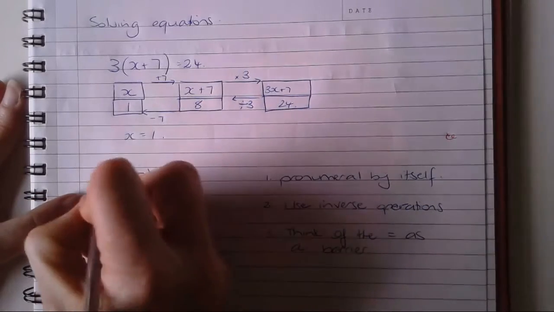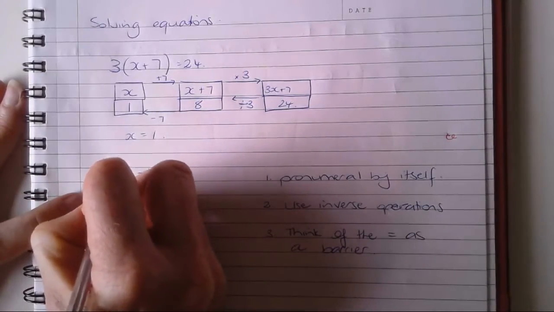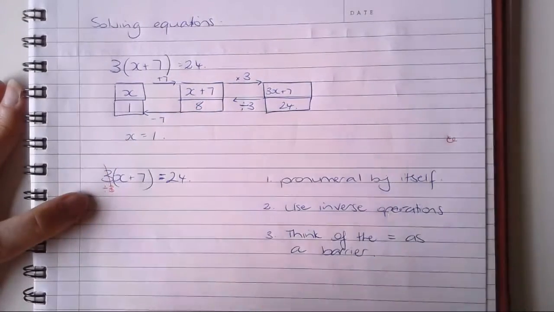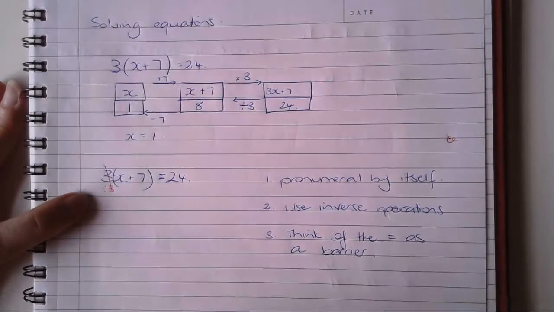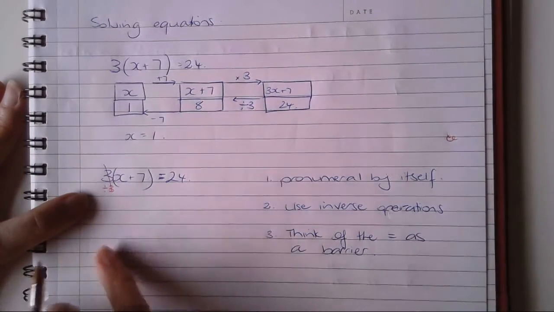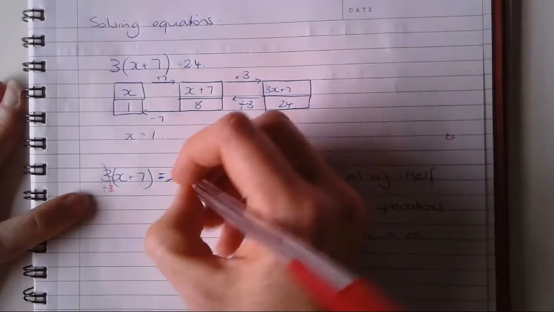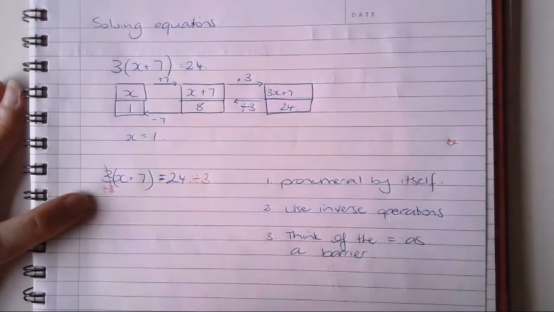It's currently times, so the inverse of times is divide by 3. By doing that, I've removed the 3 from that side, so that's progress. But whatever I do to one side of my equation, I must do to the other. So I've got to divide by 3 over here as well.